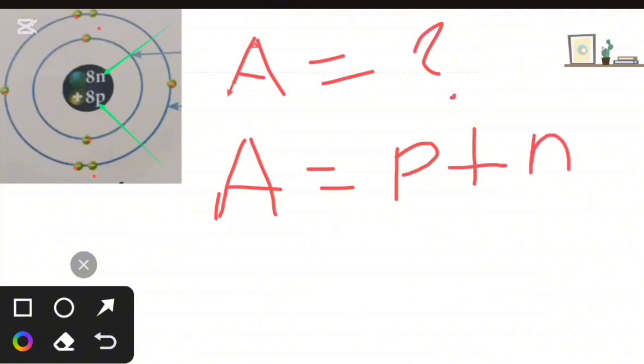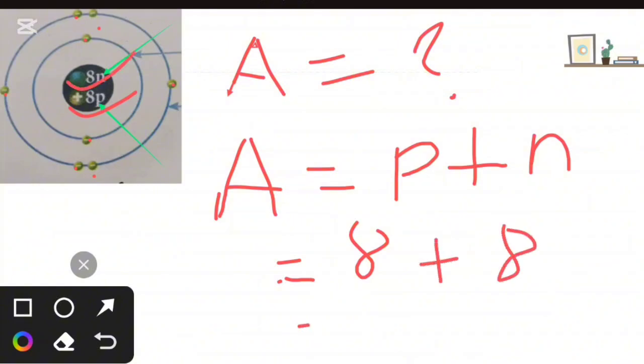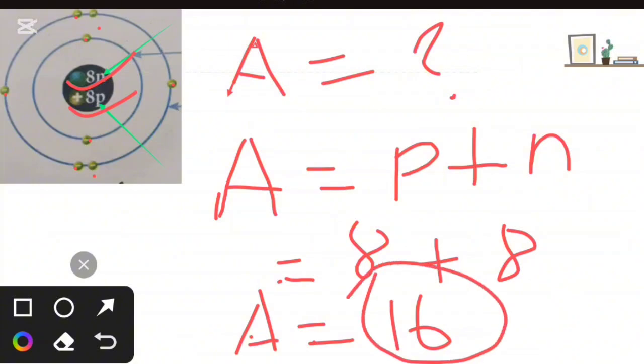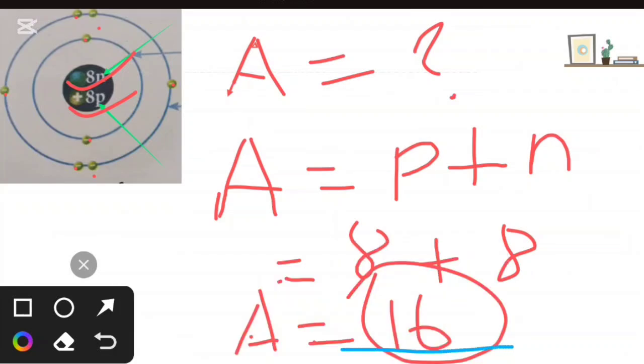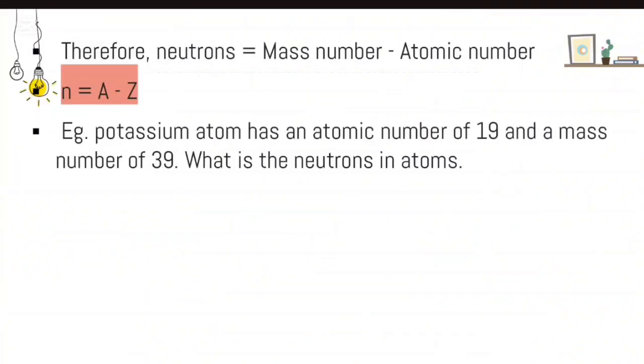Proton is 8 plus neutron 8, so 8 plus 8 is 16. The mass number is 16. Therefore, neutron is equal to mass number minus atomic number.